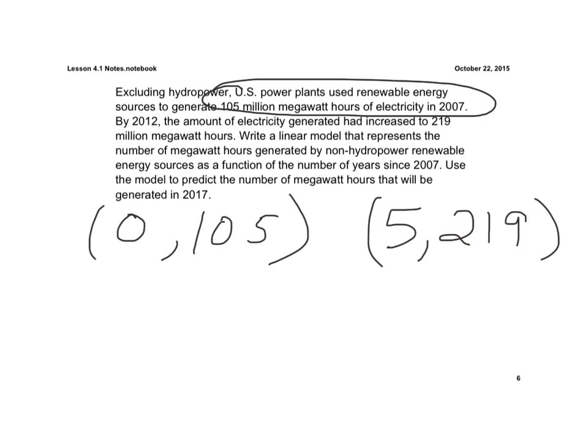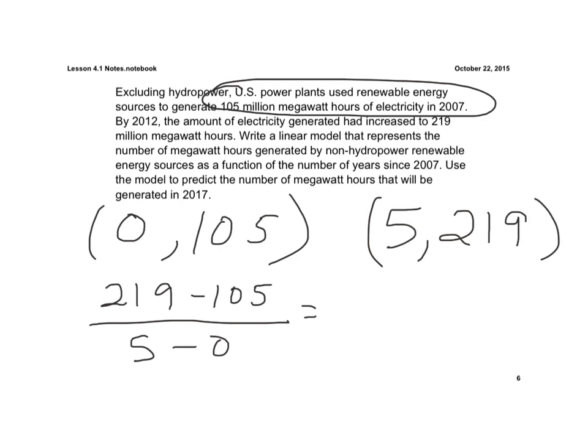So again, if we go ahead and use this, we take 219 minus 105 all over 5 minus 0, and that gives us 114 over 5 is equal to our m.